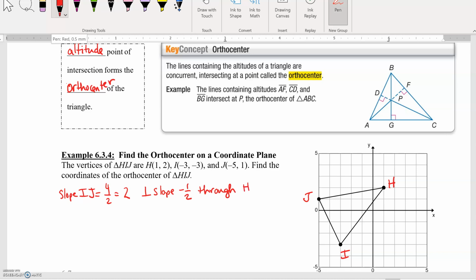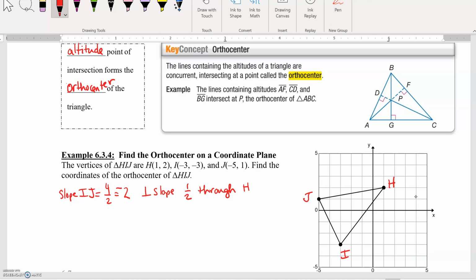So from point H, I'm going to count that negative 1/2 slope, which would be down 1, down 1. That would be the slope there. Oopsie, I made a mistake. This is a negative 2 slope because I forgot I went left.